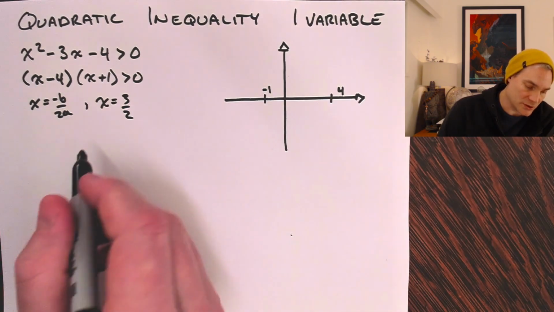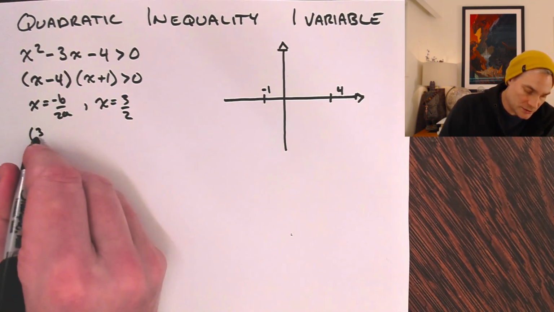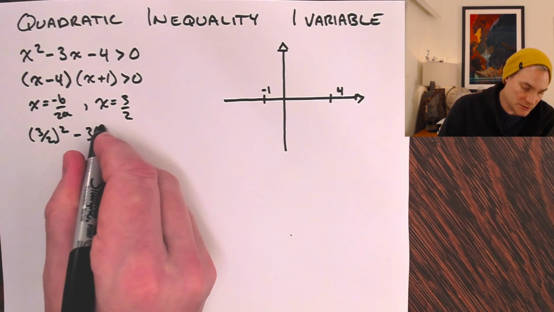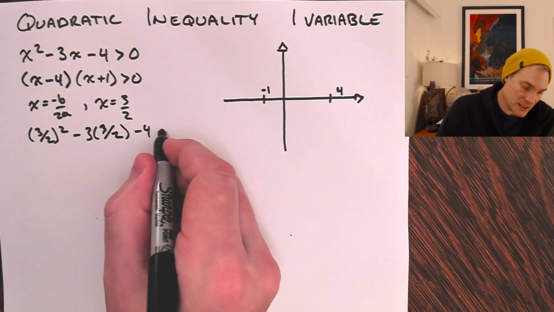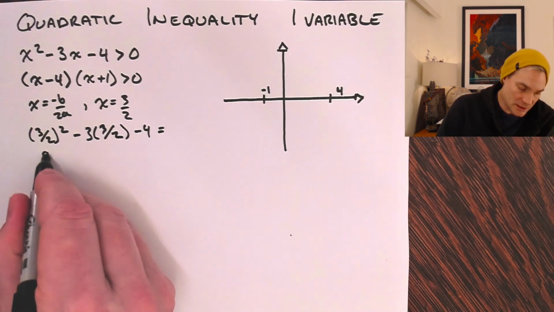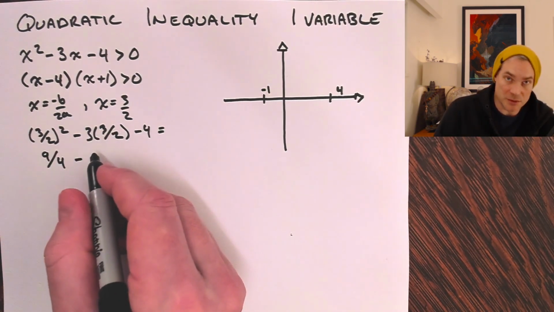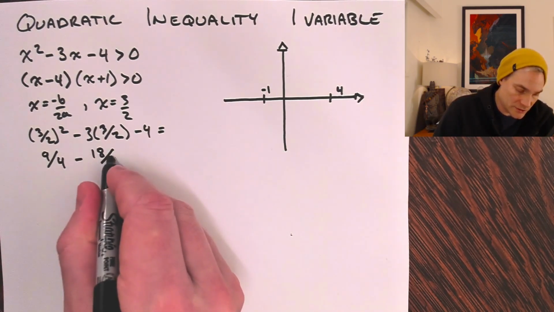So if we want to solve for our y component, we put that in. So we get 3 over 2 squared minus 3 times 3 over 2 minus 4, and that equals something. So then we get 9 over 4 minus 9 over 2, but I'll multiply it by 2 to get the same denominator, which is 18 over 4.